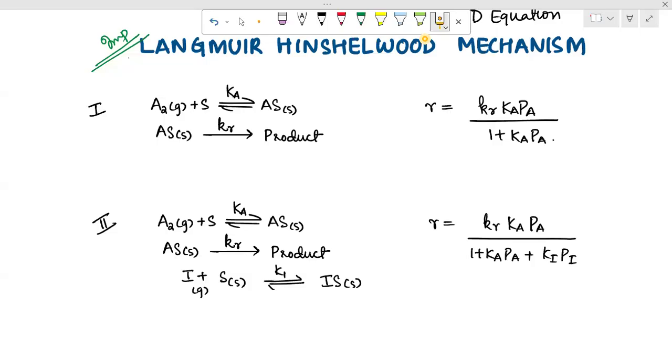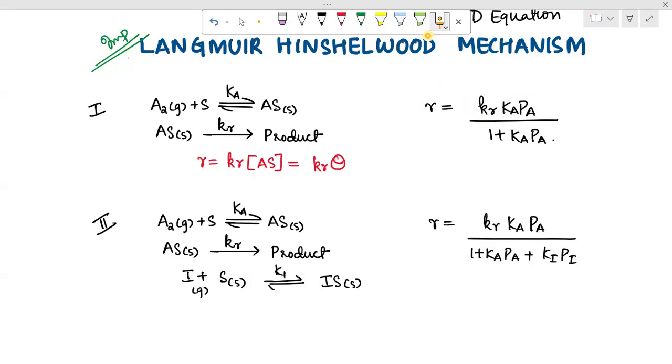Okay, so if that is the rate determining step, this rate is going to be equal to Kr into concentration of As, and concentration of As can be written as the extent of adsorption, how much adsorption has taken place. So here you can put in the values from the Langmuir adsorption isotherm, and it becomes Ka Pa by 1 plus Ka Pa into Kr.